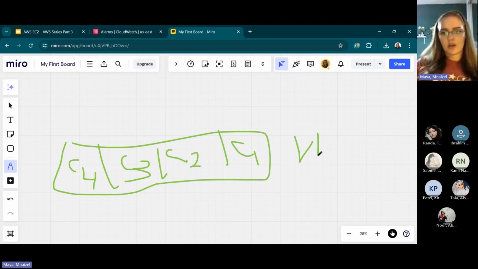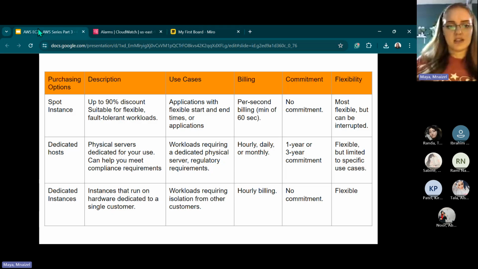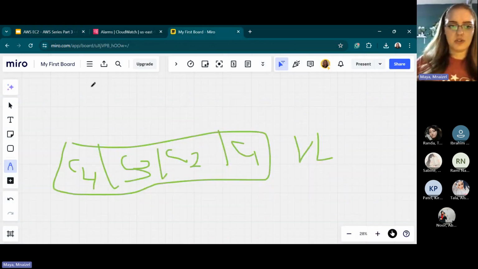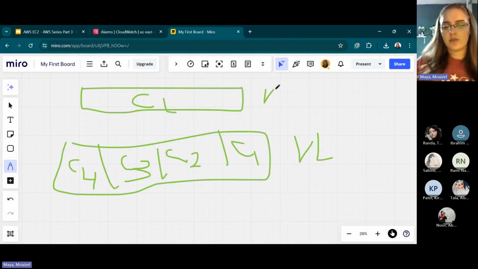This is called multi-tenancy because multiple clients are using and sharing the same resource, but they have separated data and everything. But they're using the same physical hardware, so it's multi-tenant. A dedicated instance is where you have this, but just for yourself. You have only one customer on your virtual level.